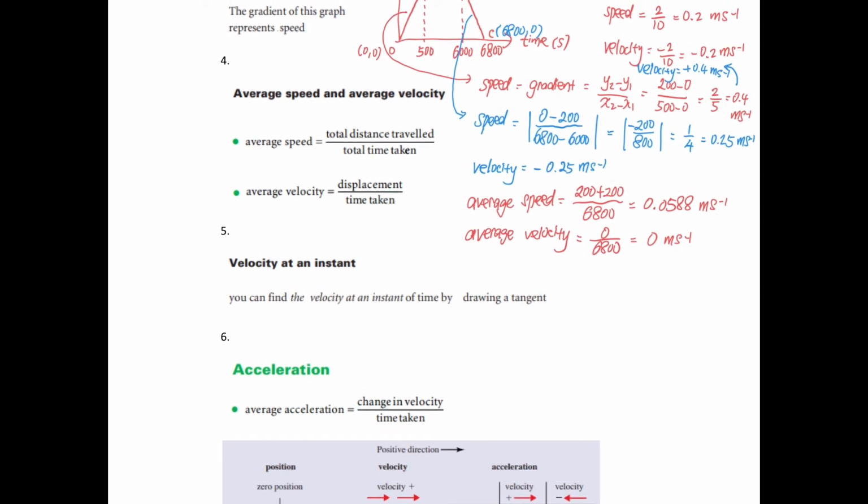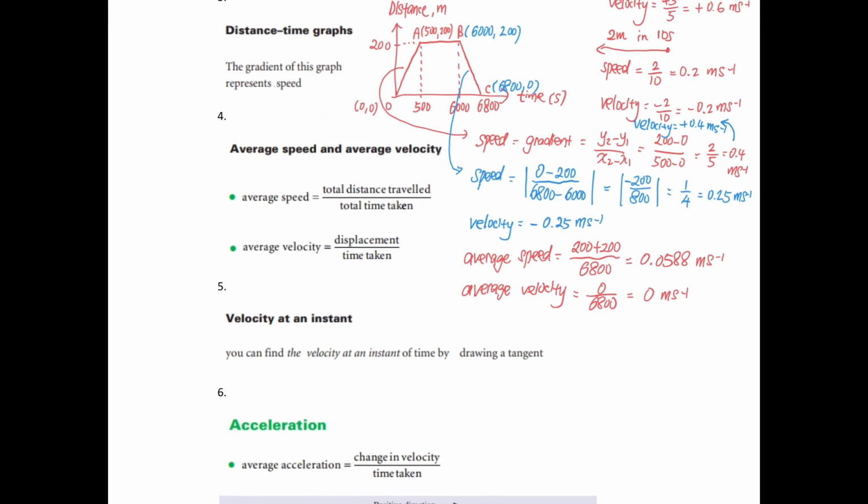Number 5, velocity at an instant. So what I said here, you can find the velocity at an instant of time by drawing a tangent. Let's say your graph is a straight line graph like here.